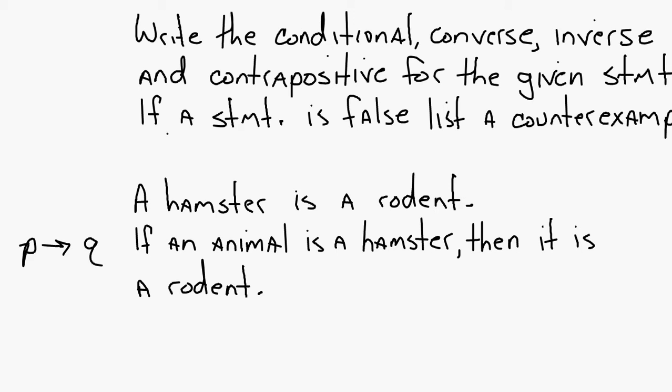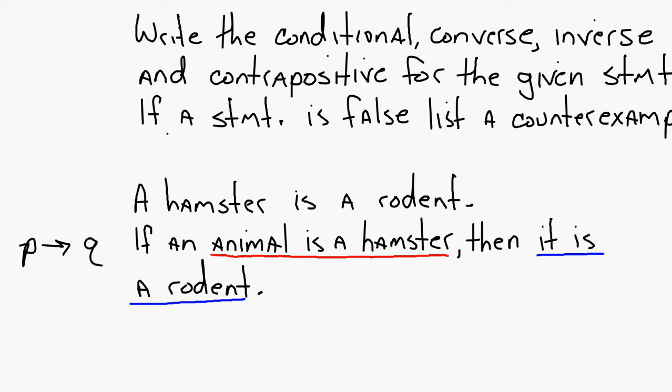Once you've done that work, I would identify your hypothesis and identify your conclusion. And that makes the rest, to me, very simple. Because now you're just using the symbols from the table.